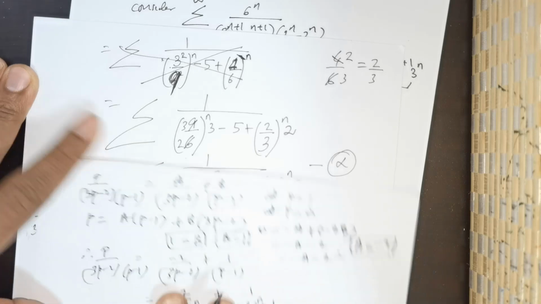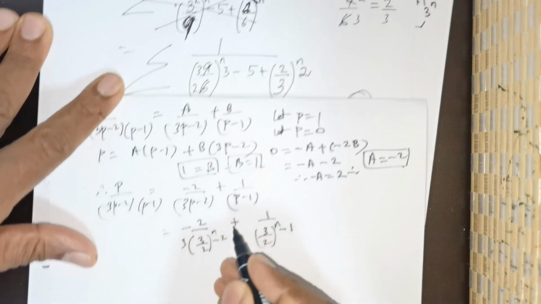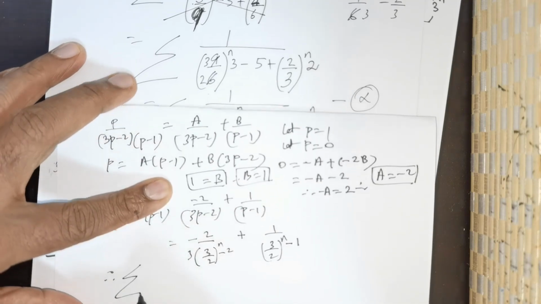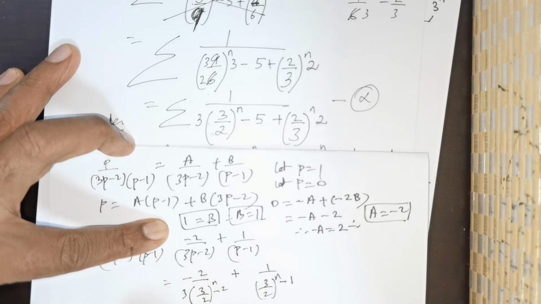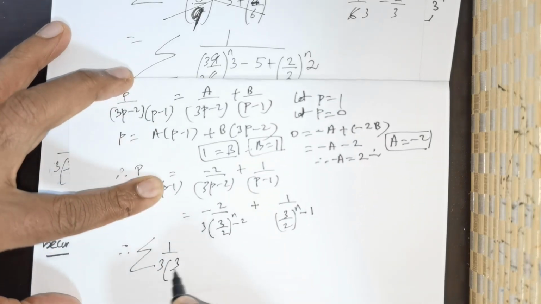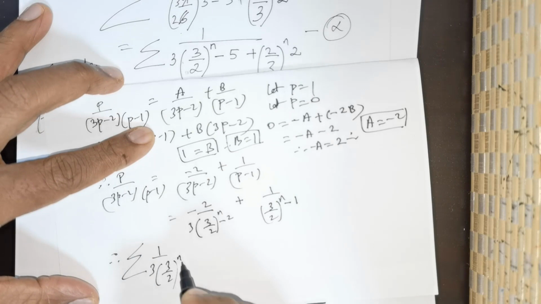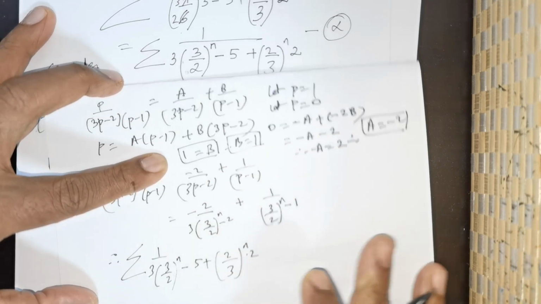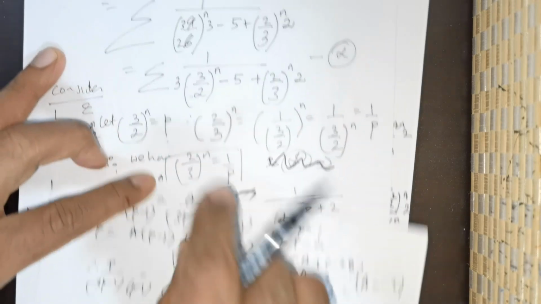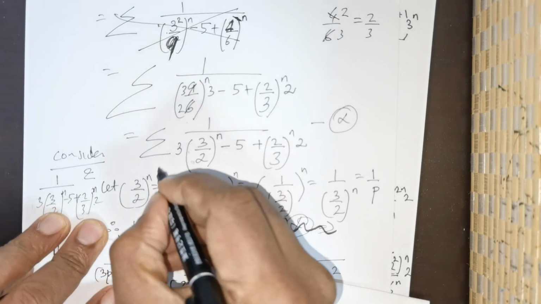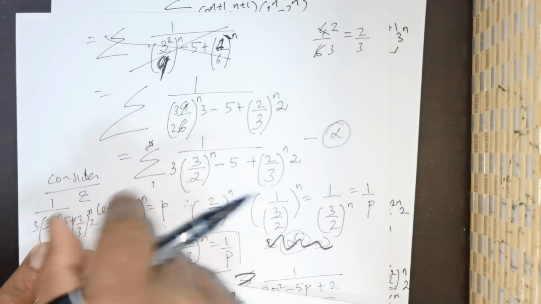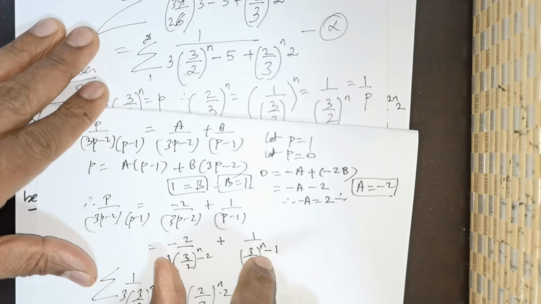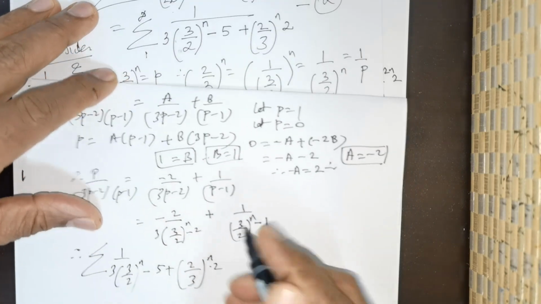So now since I have reverted back to n, I can rewrite sigma 1 over 3 of 3 over 2 raised to the power of n, negative 5 positive 2 over 3 raised to the power of n times 2, which is actually this, right? 1 to infinity, and from here we consider this exclusively. So this quantity exclusively is now this. Okay, so take this and substitute here.